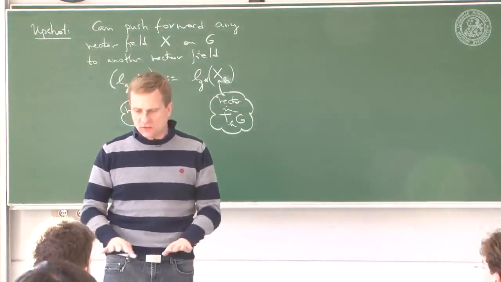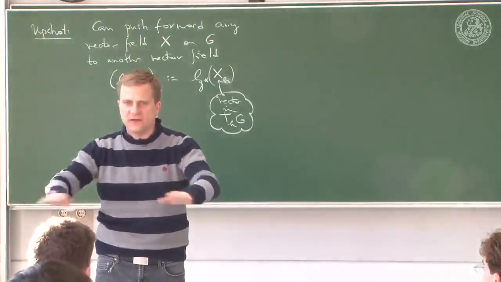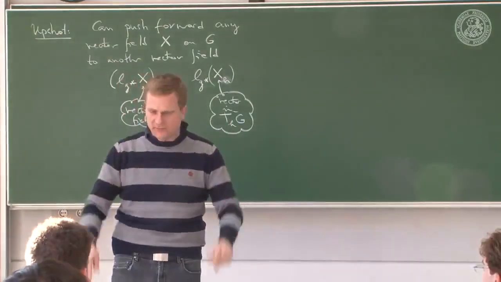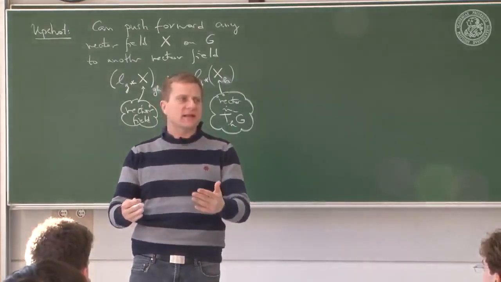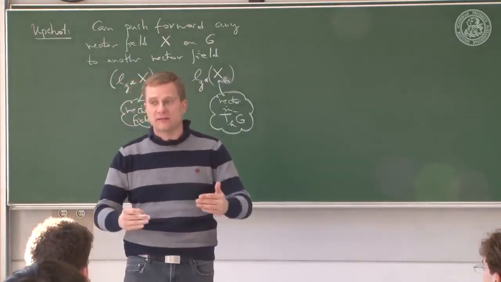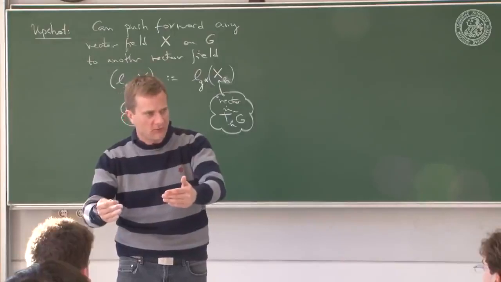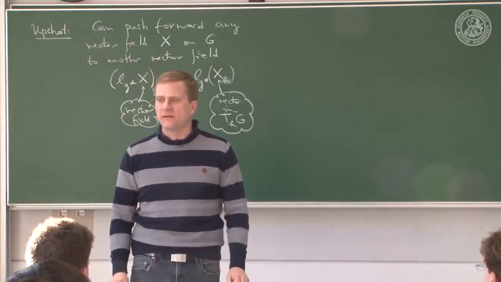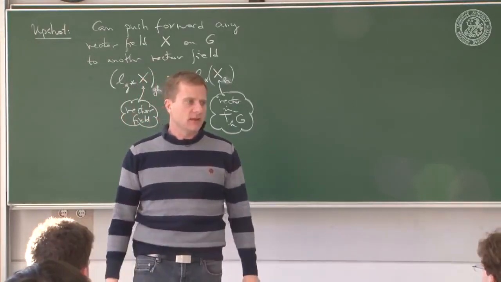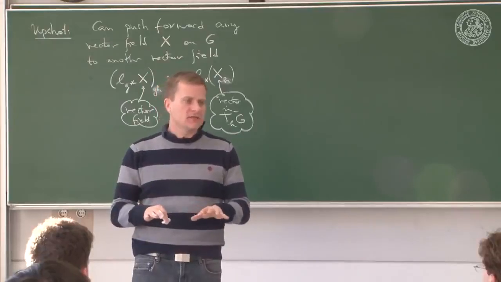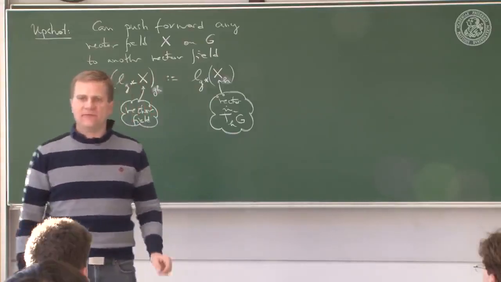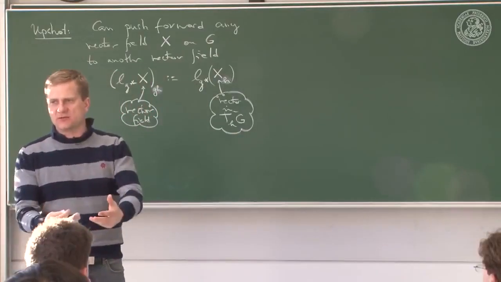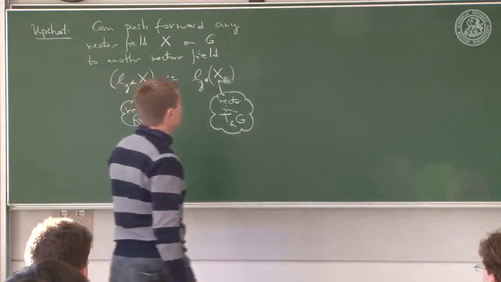Okay? So a homogeneous vector field in R2 equipped with plus, making it into a Lie group, is a vector field that under left translations, or rather the induced push forward of left translations, stays the same. And the analog of this we want to consider on any Lie group, and those are the so-called left invariant vector fields, because nothing changes.